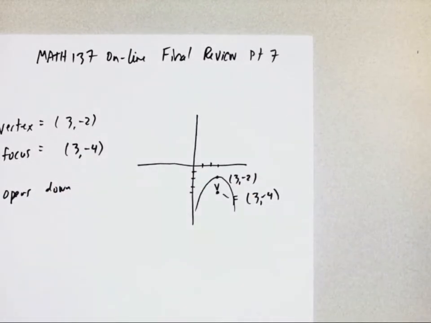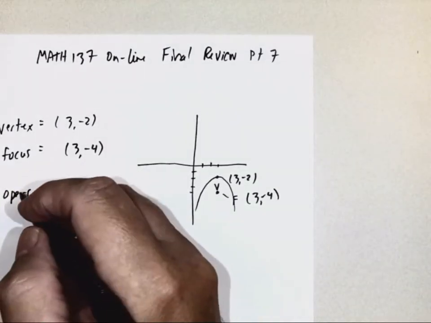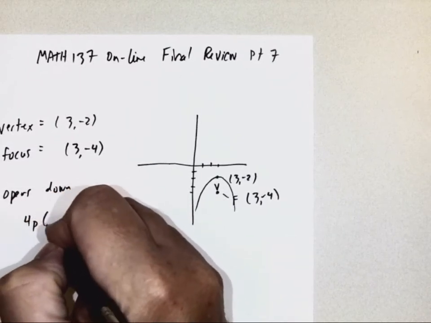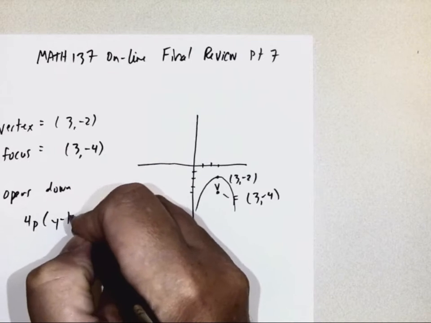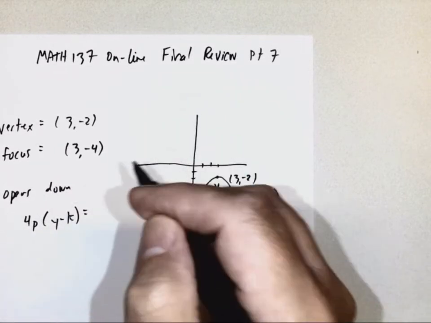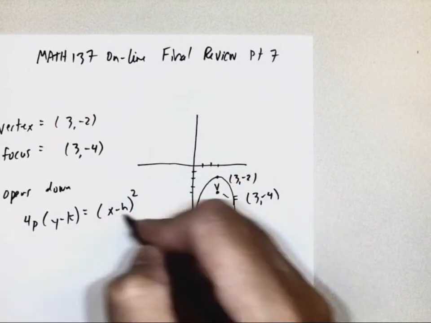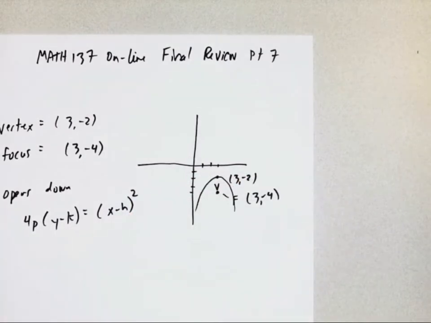So once I know it opens down, I can get the equation of the parabola that opens down. I know it's going to be x minus h squared equals 4p times y minus k. That's one of my parabola equations, and this is the one for up and down.